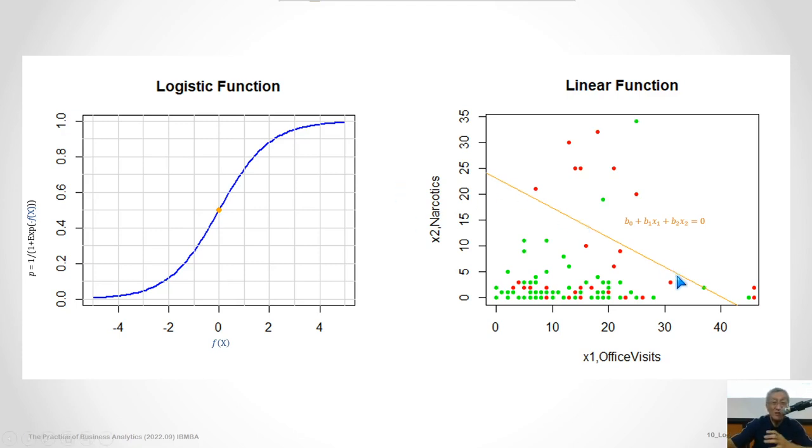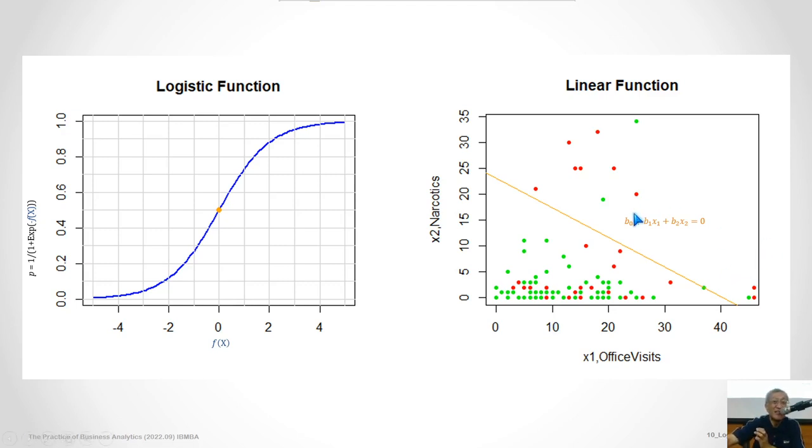So what this regression line means is that in the space of predicting variables, it tries to draw the line, right? So above the line, the probability of y equal to 1 is larger than 0.5, right? And below the line, the probability of y equal to 1 is less than 0.5.